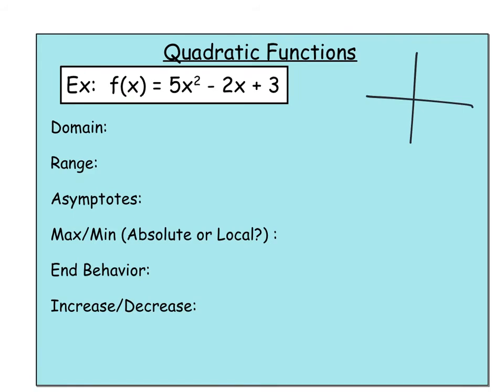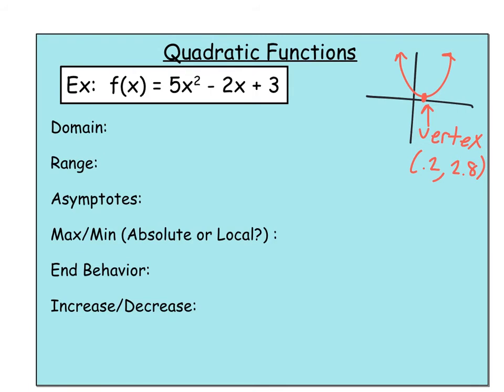It appears to have a minimum at 0.2 and 2.8, so it's definitely a parabola, something like that, and it's not to scale or anything, but the minimum right there, the vertex, is again at 0.2 and 2.8 from my calculator. All right, so let's use that to help us figure out all these properties.